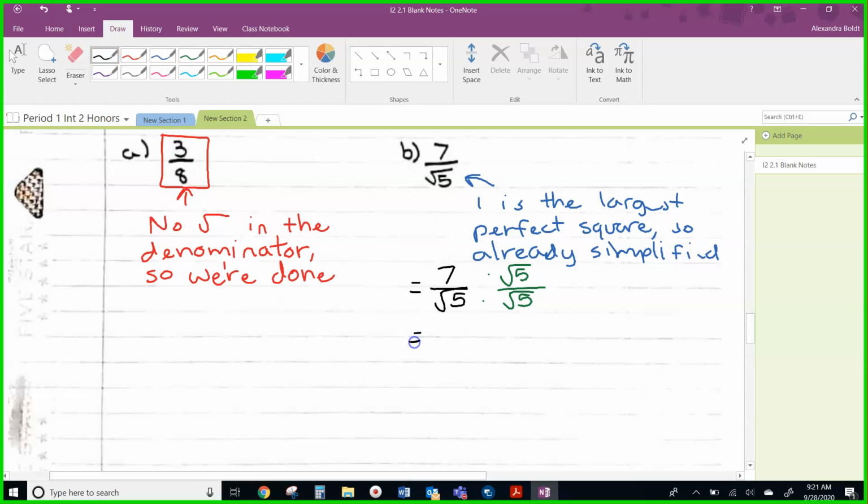So then in our numerator, we have 7 times square root 5. 1 doesn't have a radical, so all I can do is leave that as 7 square root 5.